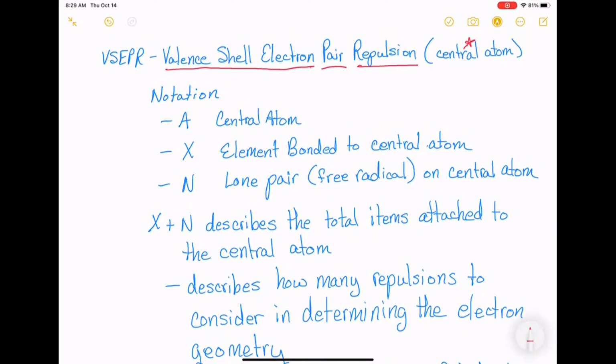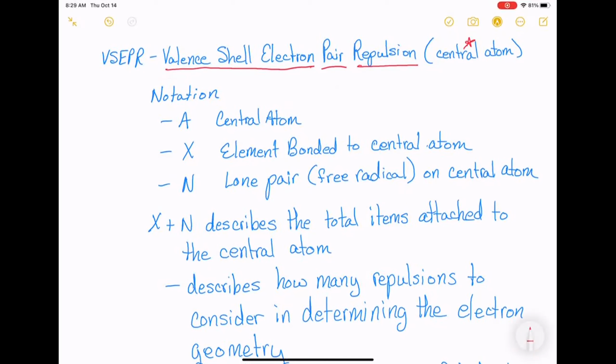Now, as I get into examples later on, I will use a notation that will help us to determine the electron geometry, and it will also help us to determine the hybridization on the central atom.